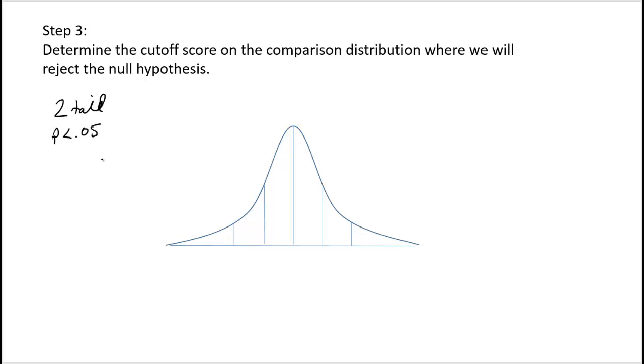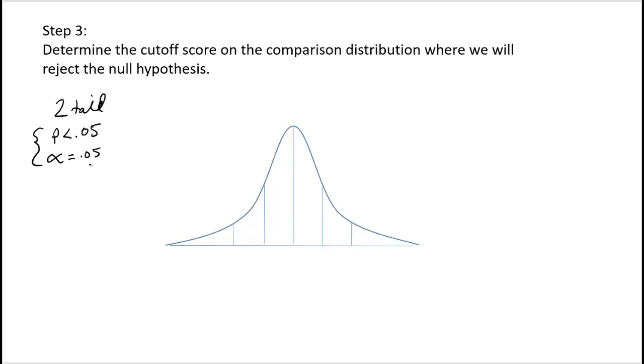By the way, if you want to sound smart, another way of saying that is that the alpha level is equal to 0.05. That's a cheap way to sound smart because those are the same thing. So the alpha level is 0.05, meaning that we will reject the null hypothesis if our results occur less than 5% of the time. So what we need to do then is to find what our cutoff zones look like here, what our cutoff scores are.